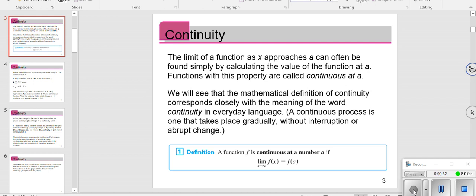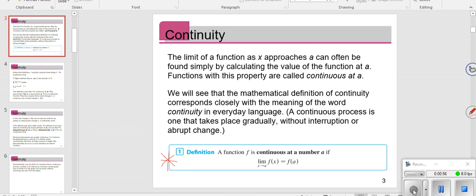This first definition here of continuous, this one, biggie. A function f is continuous at a number a if the limit of f of x as x approaches a equals the value of the function at point a. Now, remember when we first talked about limits?